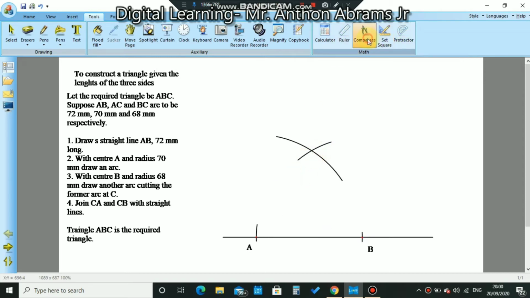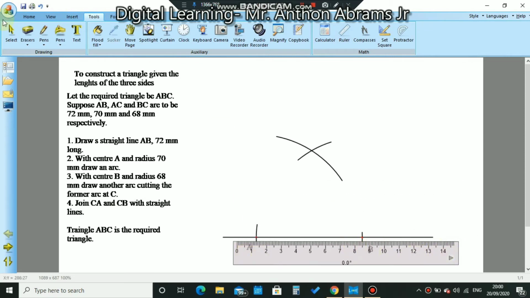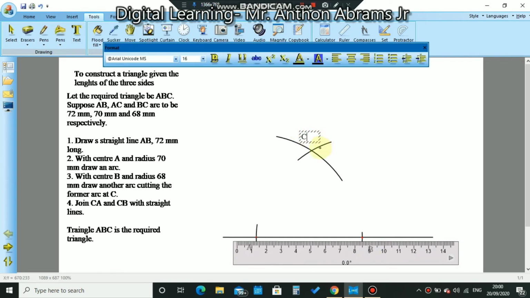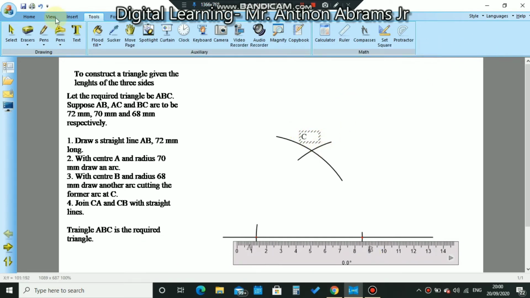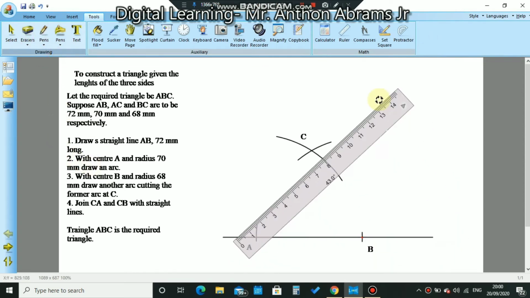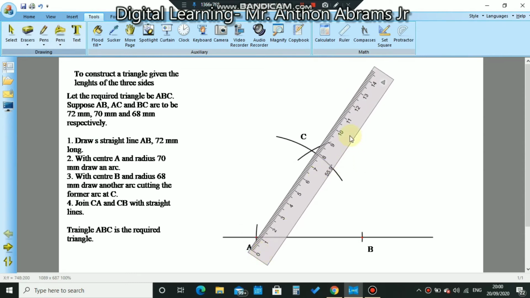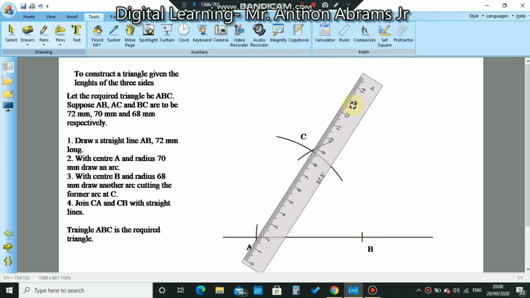When we finish there, they say join C to A and C to B with straight lines. So we use our ruler and join C to A. Here is C, at the top. We align the ruler, trying to be as precise as possible.